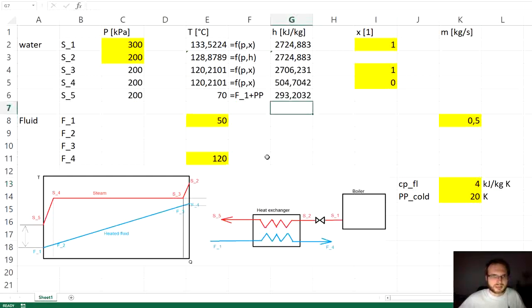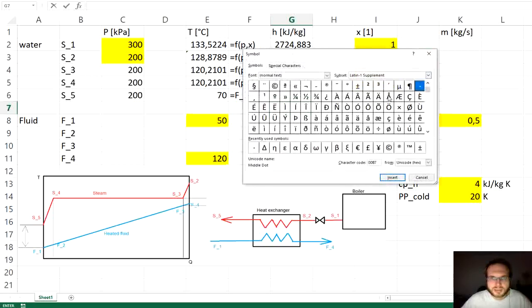Because we don't know pressure and we don't know what fluid it is, it will be hard to define enthalpy, but we can instead define the transferred heat. So Q, or maybe let's call it delta Q.